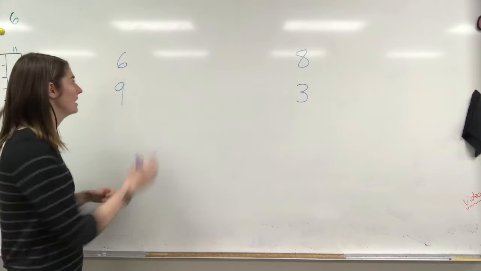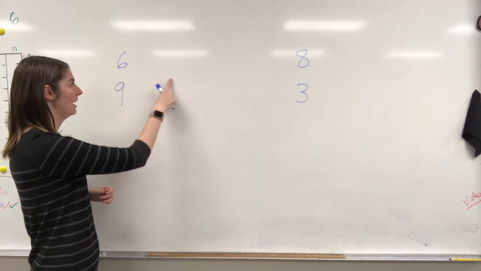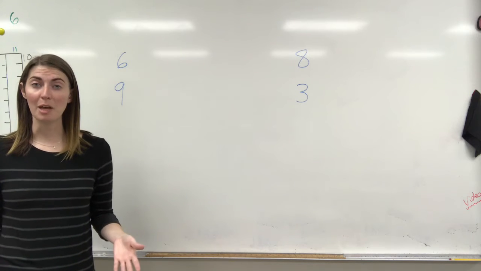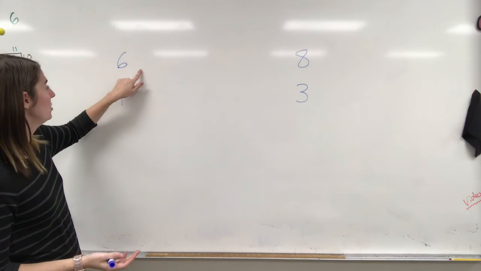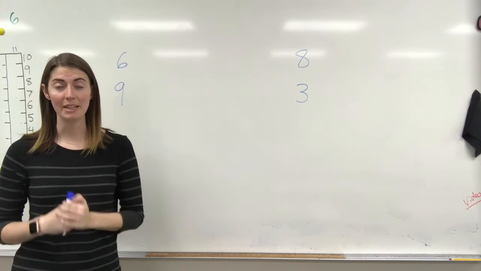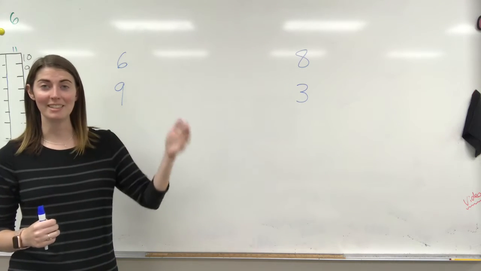So you could think of this as adding 6, adding 6, adding 6, adding 6 each time. Sometimes it helps you to think of, okay, 6 times 2, 6 times 3, 6 times 4. They're both the same because multiplication is repeated addition.